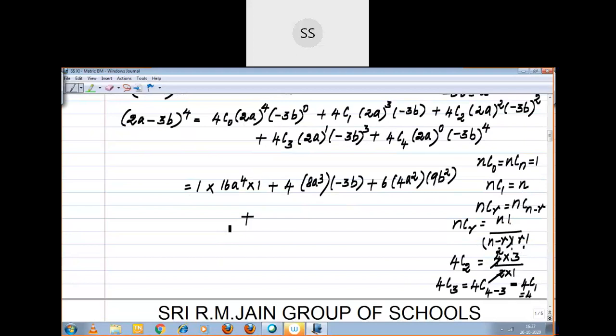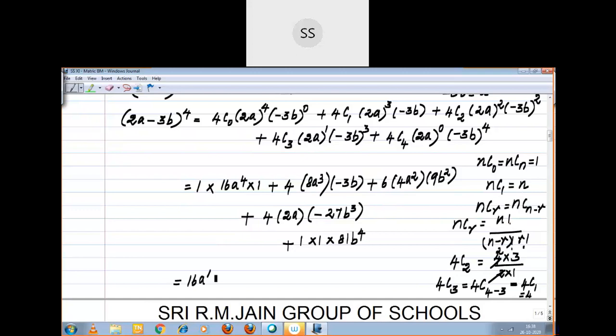So 4c3 equal to 4c1, that is equal to 4. 4 into 2a into minus 27 b cube plus 1 into 1, anything raised to 0, into 81 b power 4.